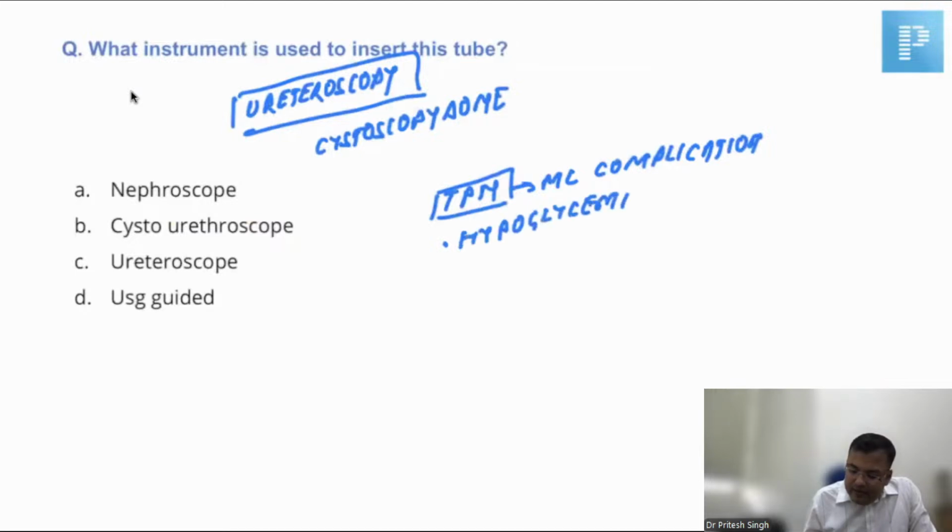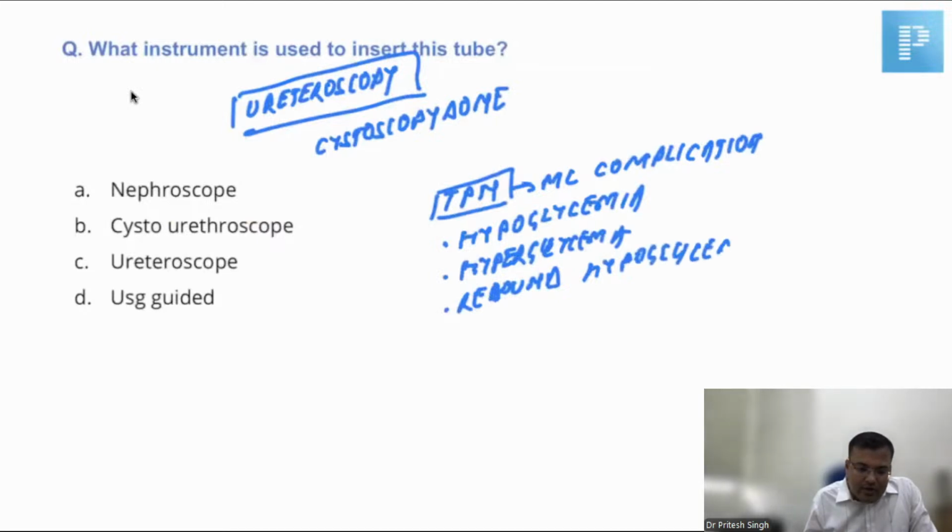Okay. 110 to 130, that is also fine. That is also fine, Namrata.